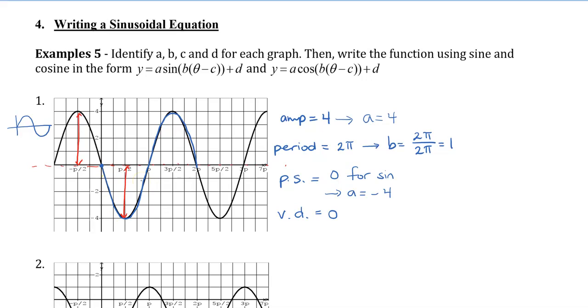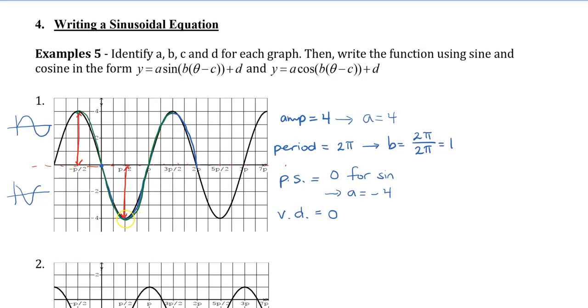Now for cosine, we want to do the same thing. We want to find a place where we actually see this graph that looks like this. We have a couple of options. We can start over here and think of this as our cosine graph, which means that our graph has now shifted over left by pi over 2.